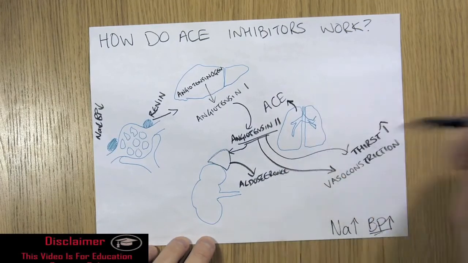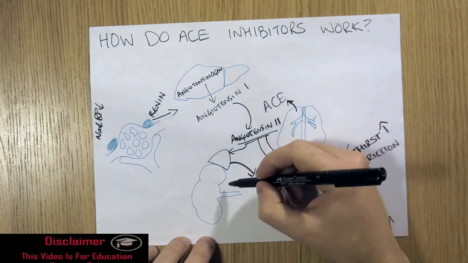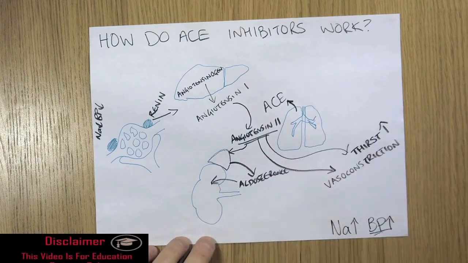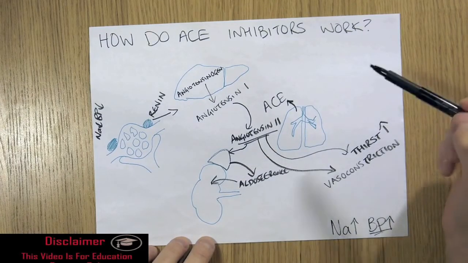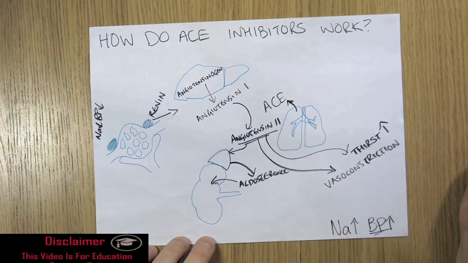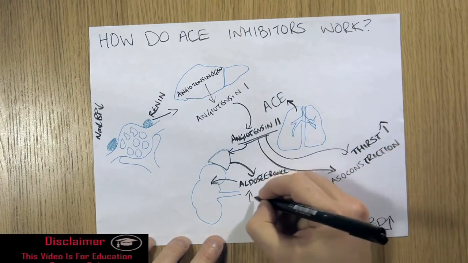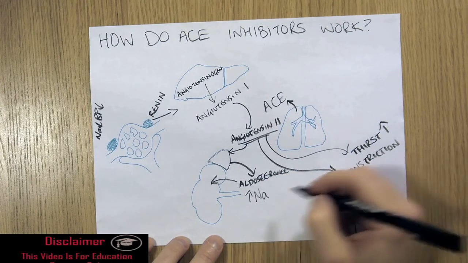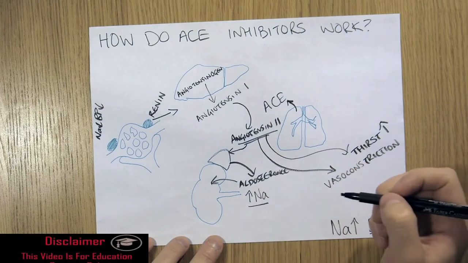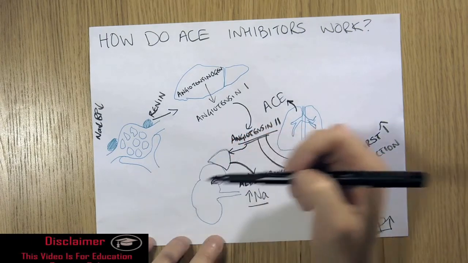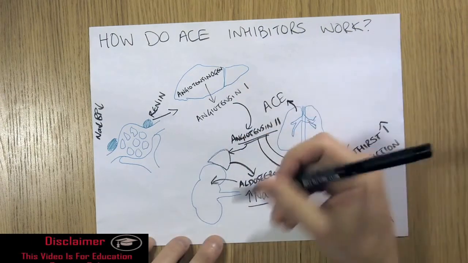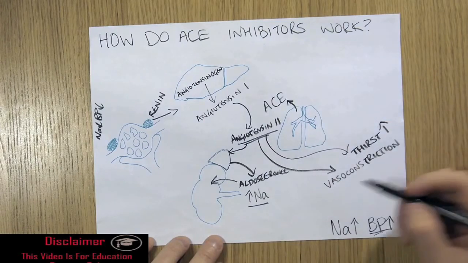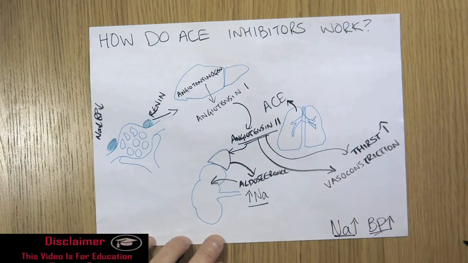Now this aldosterone acts on the kidneys, and it acts on the distal tubules as they come past, and it causes reabsorption of sodium. Reabsorption of sodium from the nephron, or from the urine essentially, back into the blood. So by doing that, it increases the sodium in the blood and increases the blood pressure.